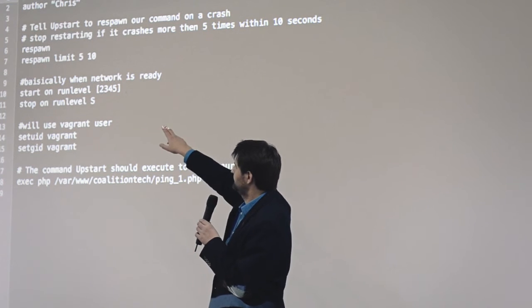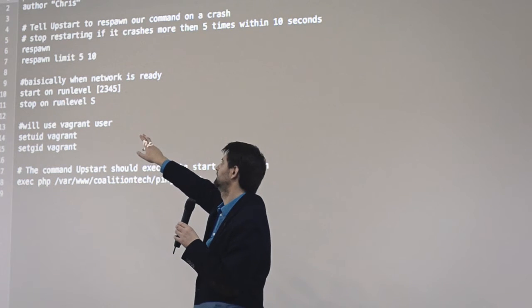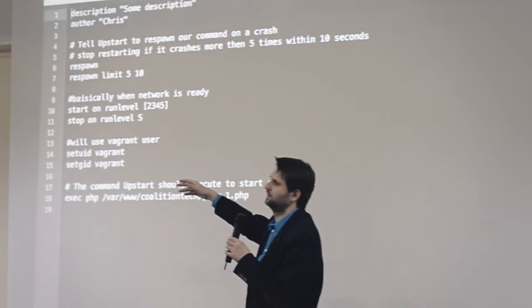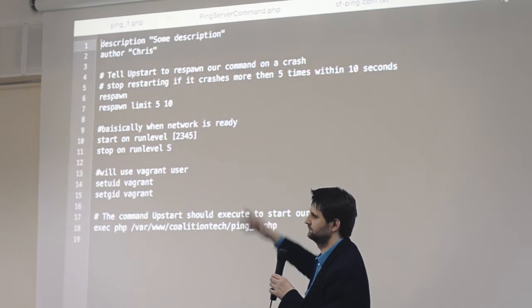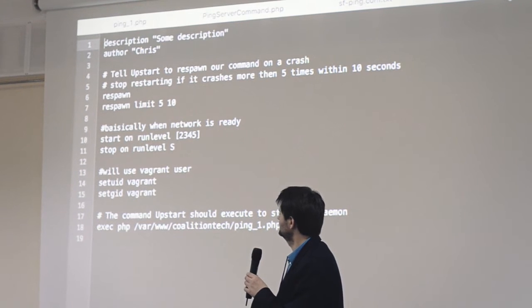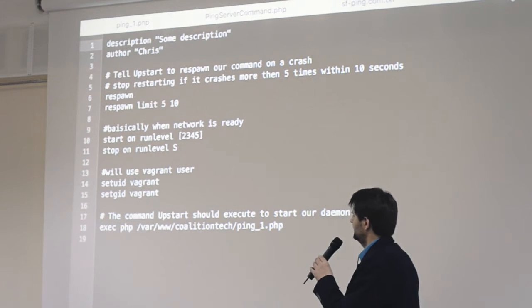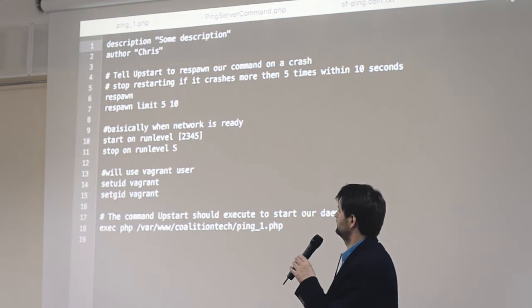The 6th line is telling the system to respawn it. So when something goes wrong with the script, or it was accidentally killed by another process, we can respawn it, so we can restart it. And the 7th line tells when to stop restarting it.